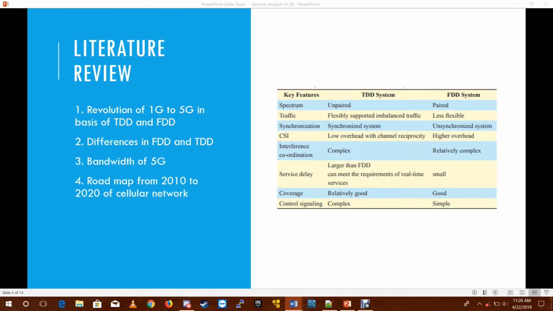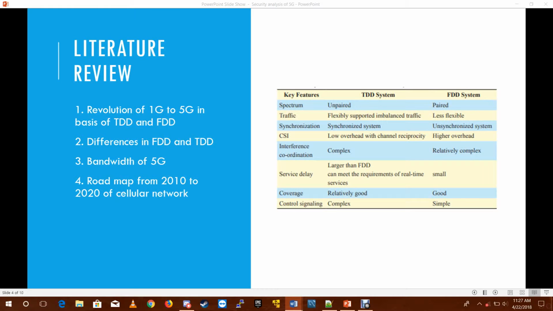In the figure, TDD is time division duplex and FDD is frequency division duplex.